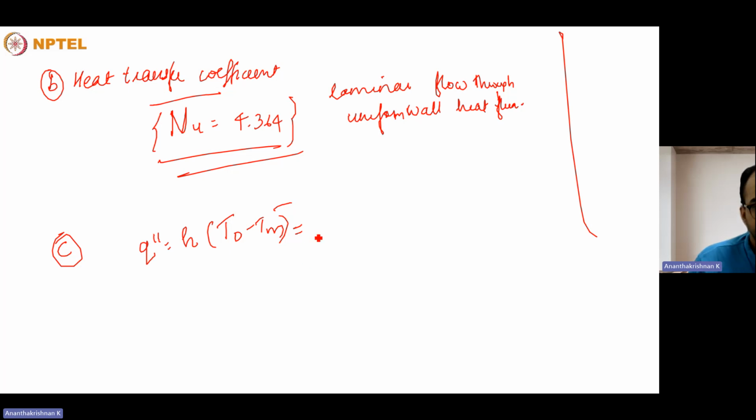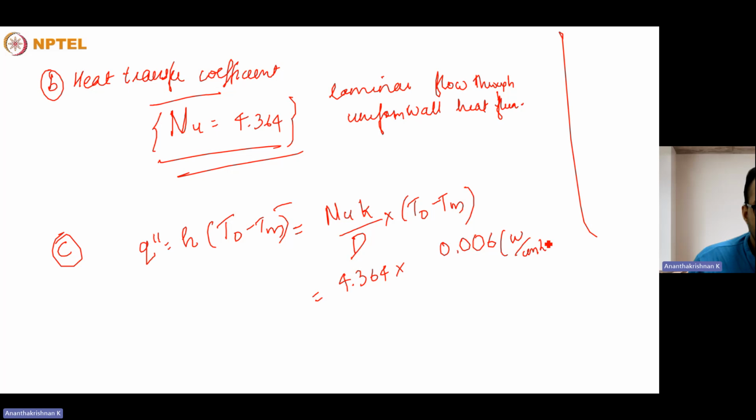This h can be written as Nusselt number times k divided by the hydraulic diameter, or the diameter of the tube. So Nusselt number is equal to 4.364 multiplied by k, which is 0.006 watt per centimeter Kelvin, divided by the diameter, 2 centimeter.